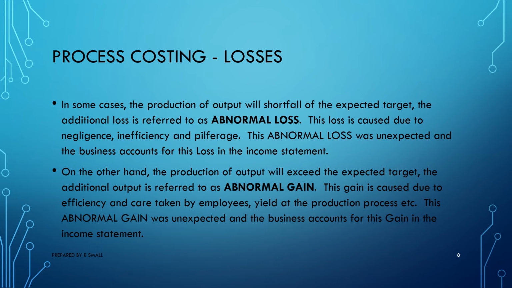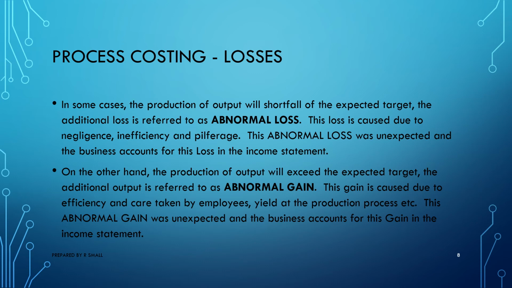There are cases where you expect to have 250 units, but you fall short of that 250 units by 5. This is an additional loss to your normal loss, a loss in addition to what you expect.